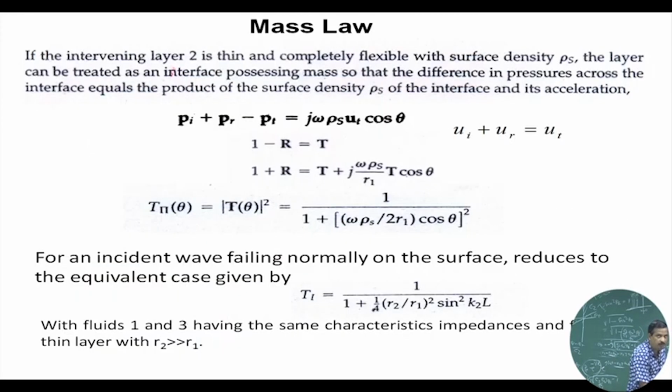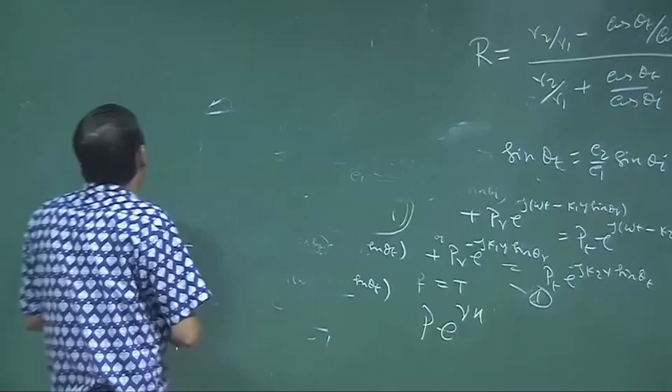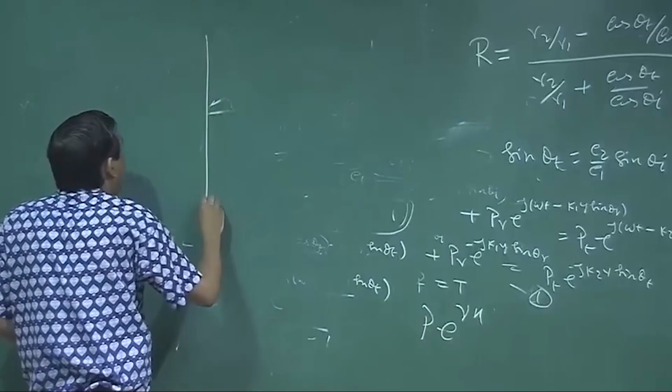Now, I go for the mathematics. Suppose I have a factory and I make a glass partition or gypsum board partition for an office room. The whole factory is in air.